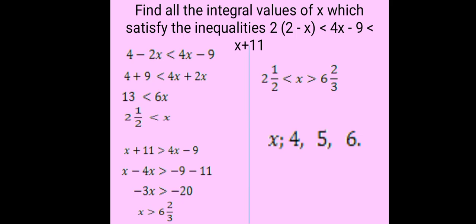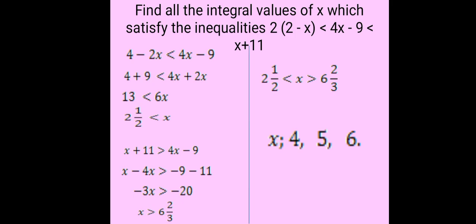For these inequalities, note that the pointed part is pointing at the lower figure. Now if we write x in the middle and the pointed part is pointing at 6, it means that 6 is greater than x, or x is less than 6. And on the other side, the pointed part is pointing at 2.5.